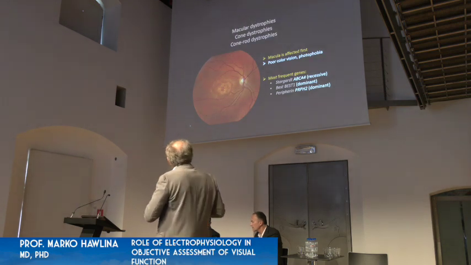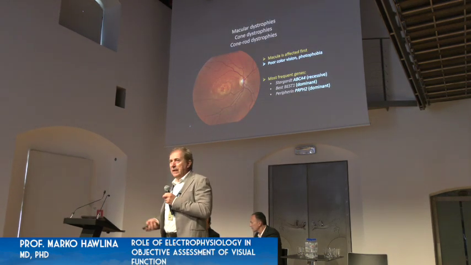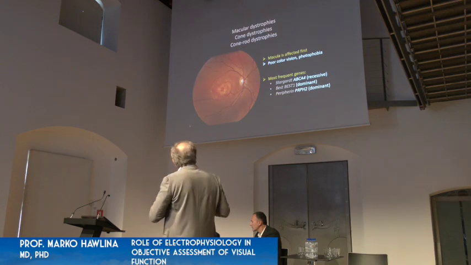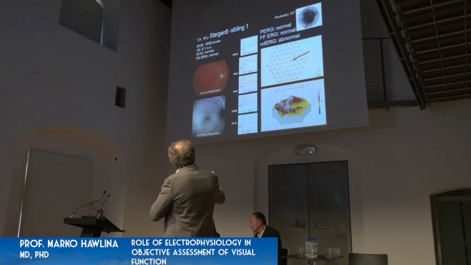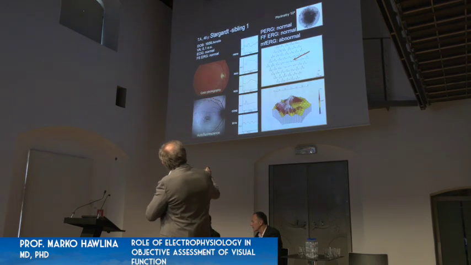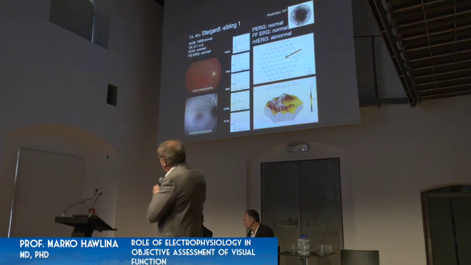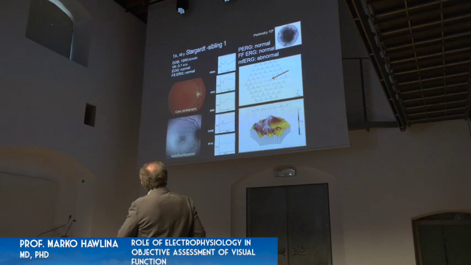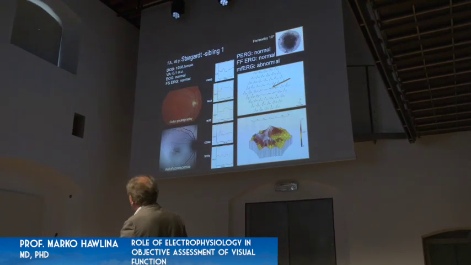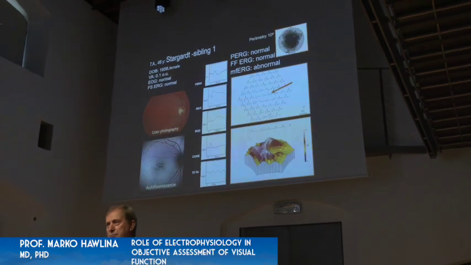Okay, and then if you have maculopathies, macular dystrophies, in the beginning you may not see anything, you need electrophysiology. For example, this patient here shows abnormalities only in the multifocal ERG. Why? Because the population of the cones in the region around the macula is still large enough not to see anything on full field flash responses.